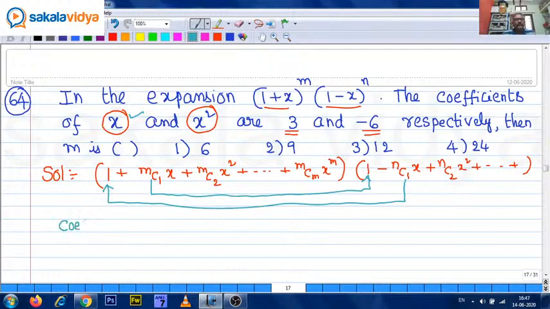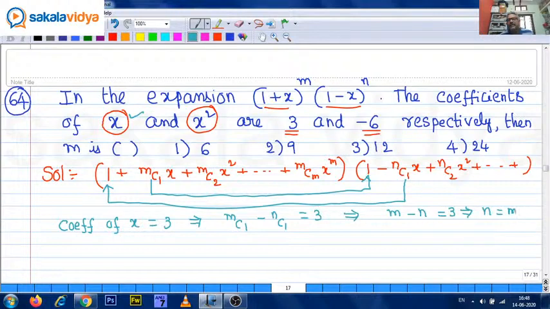Coefficient of x equals 3. So that implies mC1 into 1, mC1, and minus nC1 into 1, minus nC1 equals 3. mC1 is m, so m minus n equals 3. That implies n equals m minus 3. This is one equation we get.